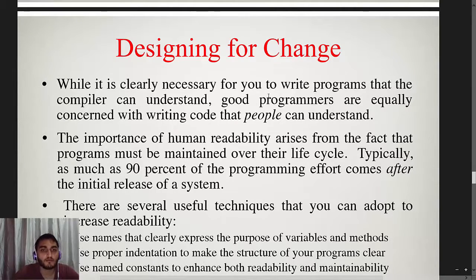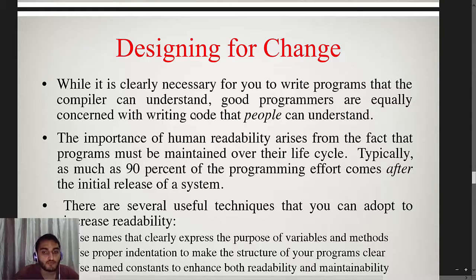Good programmers are equally concerned with writing code that people can understand. The importance of human readability arises from the fact that programs must be maintained over their life cycle. Typically, as much as 90% of the programming effort comes after the initial release of the system.